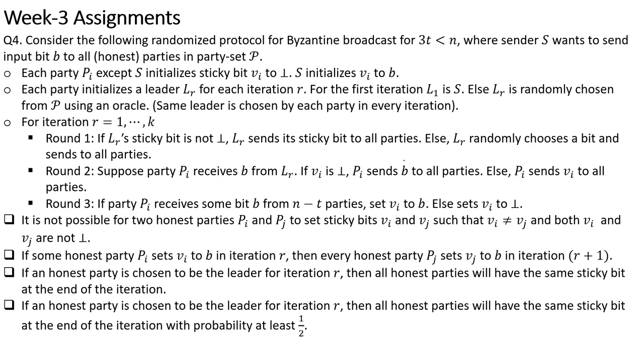Then each party initializes a leader Lr for each iteration r. For the first iteration, L1 is S. So for round 1, the leader L1 is S. Otherwise Lr is randomly chosen from P using an oracle, and all parties will get the same leader chosen in every iteration.